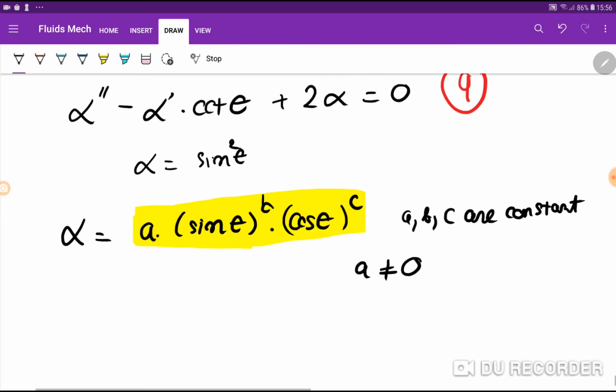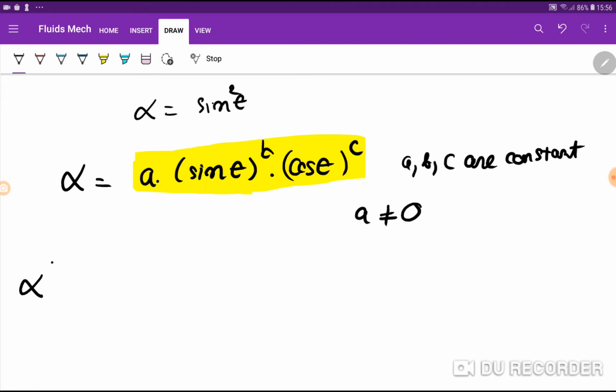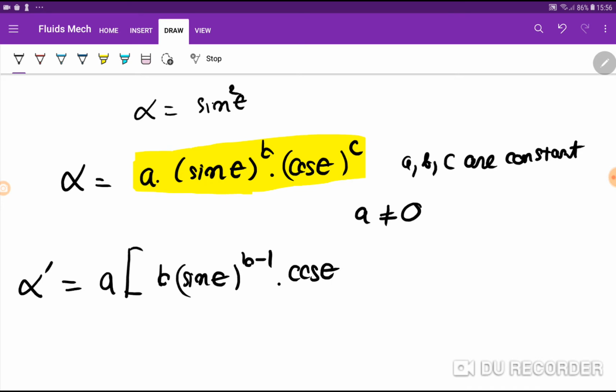Now let's start with alpha prime. What is that equal to? A is a constant, so I'm going to put it out. First, I'm going to calculate the derivative of sine theta to the power b. It will be b times sine theta to the power b minus 1 times cos theta, according to the chain rule. Then I take the derivative of the rest, and don't forget to multiply by cosine theta again. Let me highlight this.